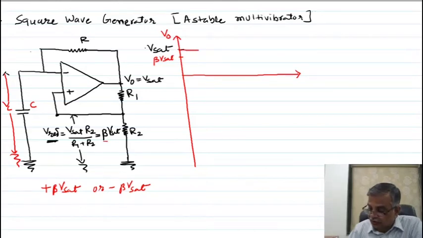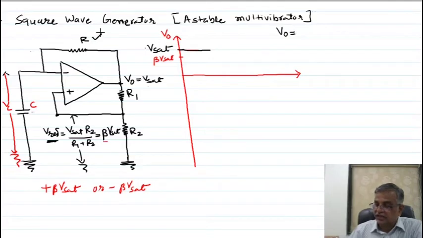This is my positive voltage. Now, as this voltage is positive, the capacitor starts charging up to the plus V sat voltage. The capacitor starts charging through the resistor R, and the equation of output voltage is gain multiplied by V plus minus V minus.